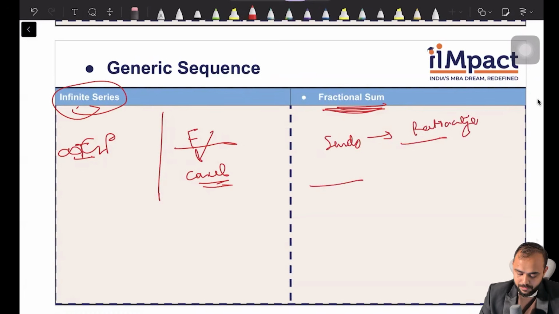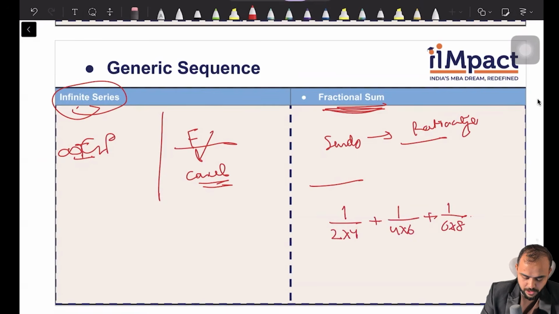And if it's not surds, then you would probably have a situation like this: 1 by 2 into 4 plus 1 by 4 into 6 plus 1 by 6 into 8, and so on. The clever thing to do here is to realize that the differences of the denominator factors are constant. So if I write this as 2, this is 2, this is 2, and how will I do that?